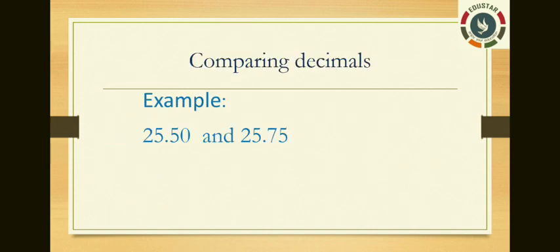Let us see the next topic, comparing decimals. Example: 25.50 and 25.75. Step 1. Convert the given decimals into like decimals if they are unlike. Step 2. First compare the whole numbers.